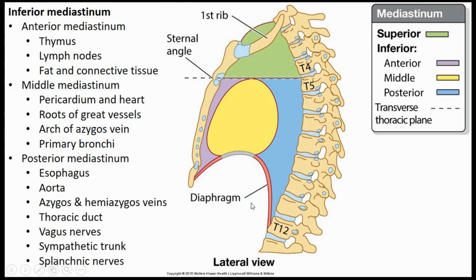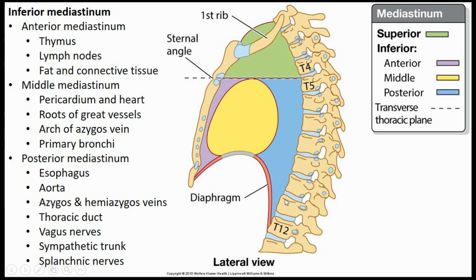Now finally, the posterior mediastinum is a weird space. It extends really far inferiorly because its lower boundary is the diaphragm, and the diaphragm stretches really far down to T12 to attach to the vertebra.